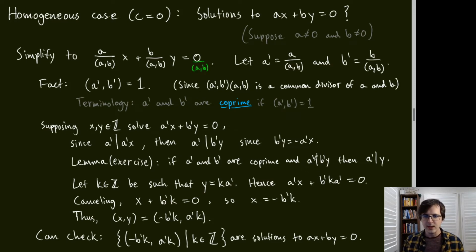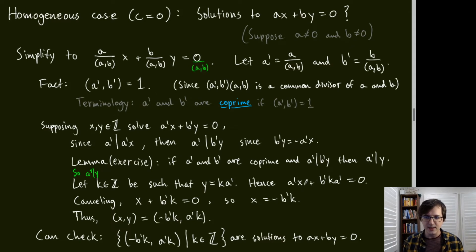Okay, so with this lemma in hand, what we can conclude from it is that a prime must divide y. Since that's true, by definition, there's some k, an integer, such that y equals k a prime. We can substitute that into our original equation that we're supposing.